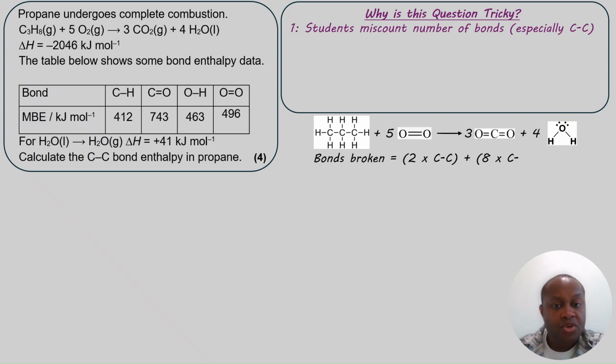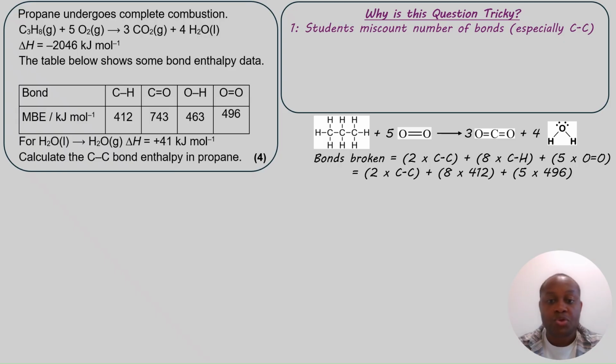Now we can very quickly look at the bonds that have been broken, by counting up the number of bonds. You can see that we have 2 carbon-carbon single bonds, 8 carbon-hydrogen single bonds, and 5 oxygen-oxygen double bonds. If we write this out, then we can very quickly calculate the value of the energy required to break those bonds. We don't know what the value of the carbon-carbon bond is, so we will leave it as it is.